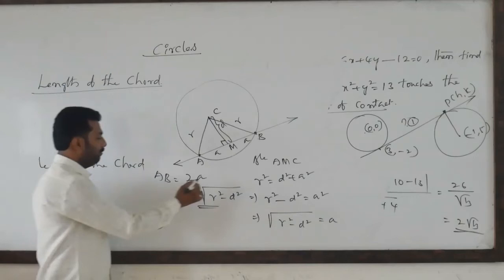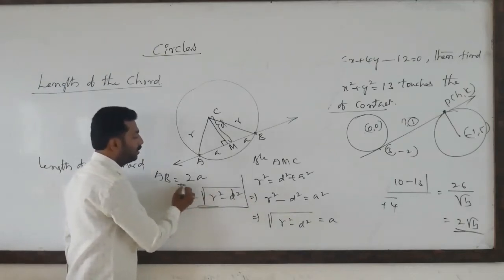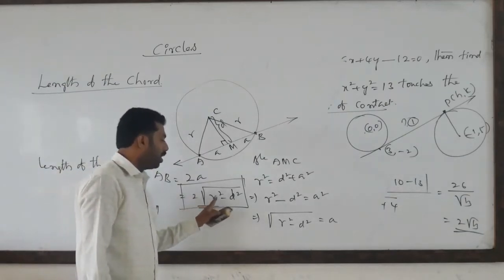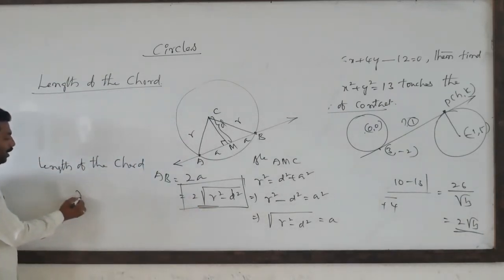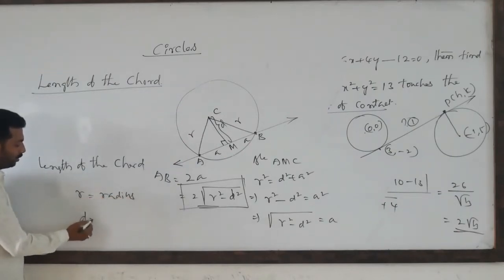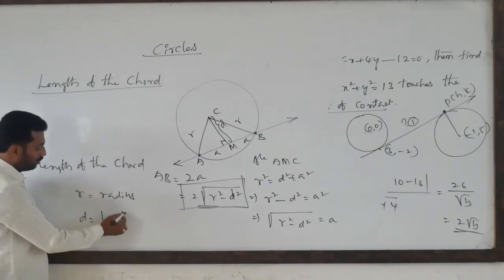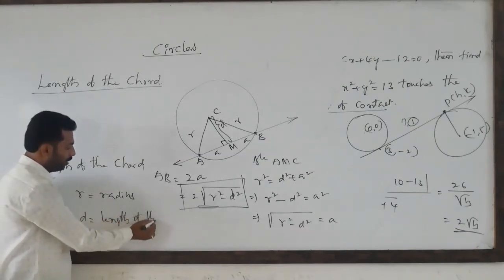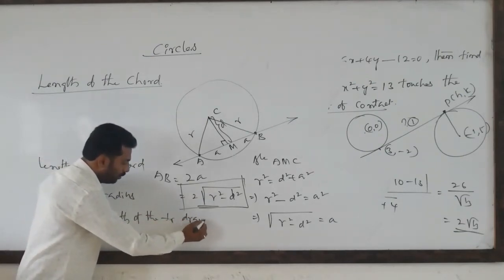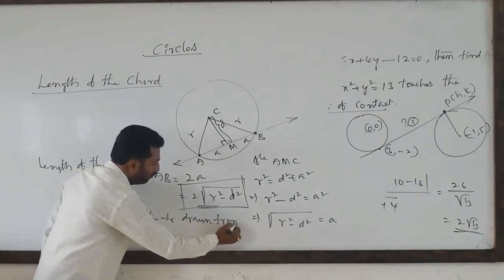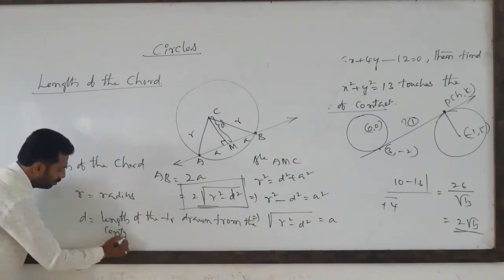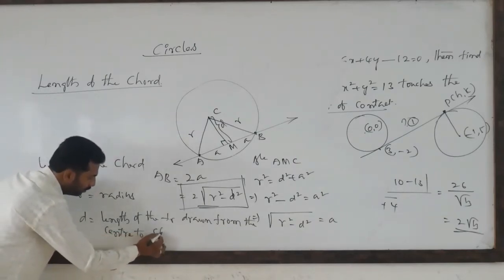See, this is the formula to calculate the length of the chord. Most important, length of the chord is nothing but 2 into root of R square minus D square, where R is the radius, D is the length of the perpendicular drawn from the center to the chord.